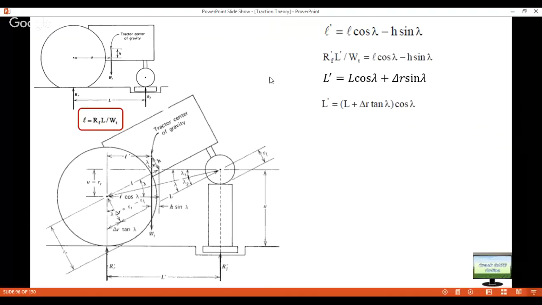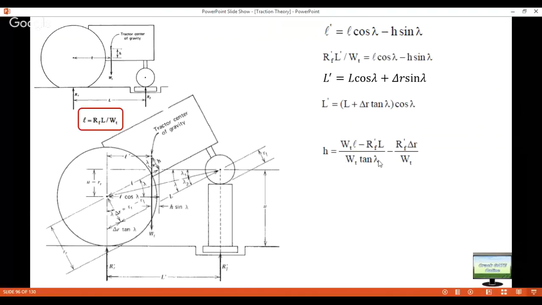So if you put the value of L dash in your second equation and you already have the first equation, the value of small l dash, so from these three you have to find out the value of H. So once you put all this in second equation and first equation, you will find this expression of H.